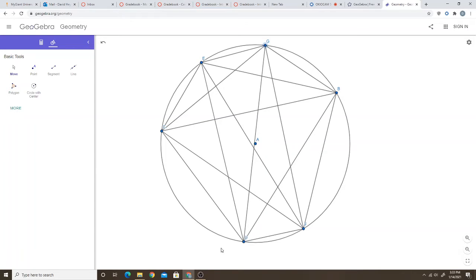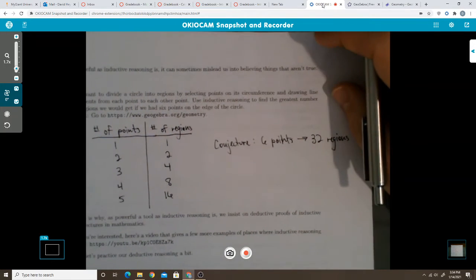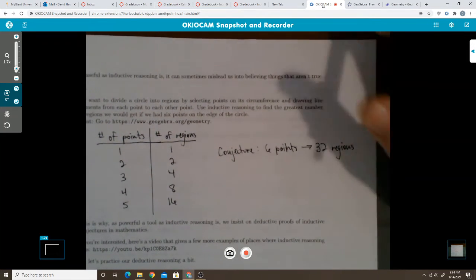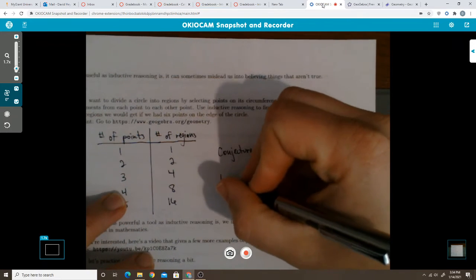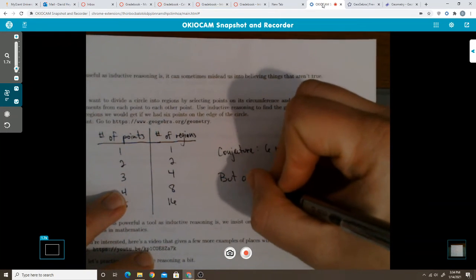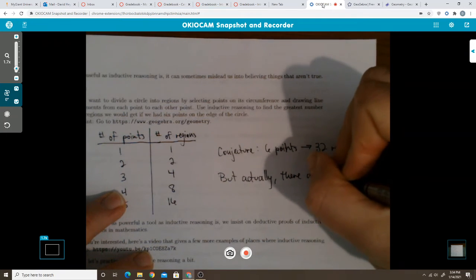So that's kind of interesting. It's very dissatisfying because it seems like the answer should be 32, but in fact it's 31. So the conjecture that you'd get with inductive reasoning is that there should be 32 regions, but actually there are only 31.